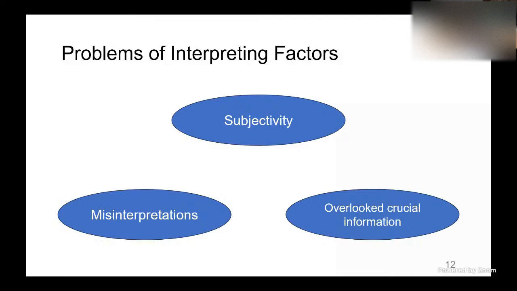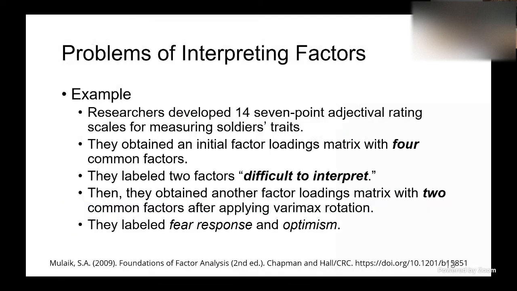There are several problems of interpreting factors: subjectivity, misinterpretations, and loss of crucial information. This is an example where researchers use factor analysis. Researchers developed 14 adjective-rated scales for measuring social trait, and they initially used a 4-factor model. However, they struggled to interpret the meaning of 2 factors, and they labeled them difficult to interpret.